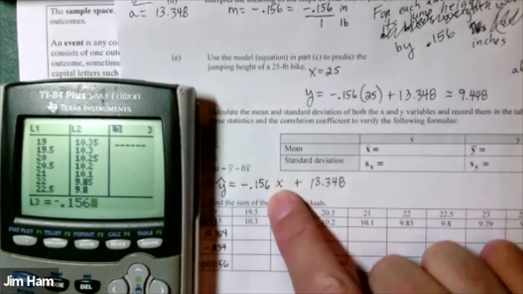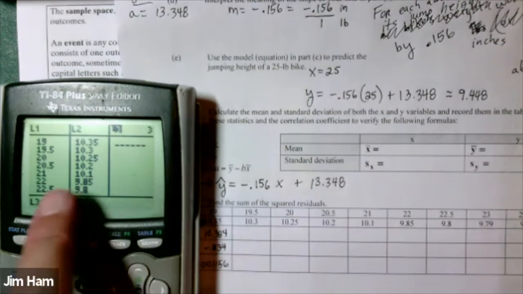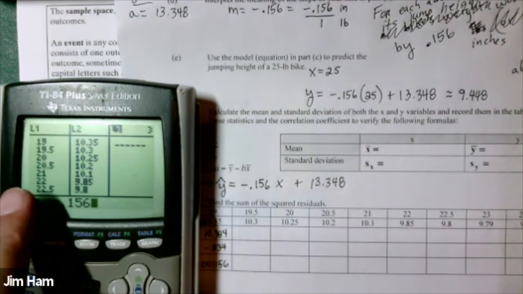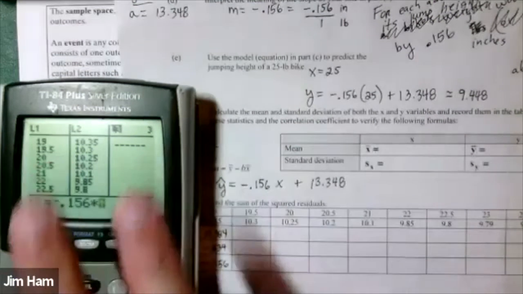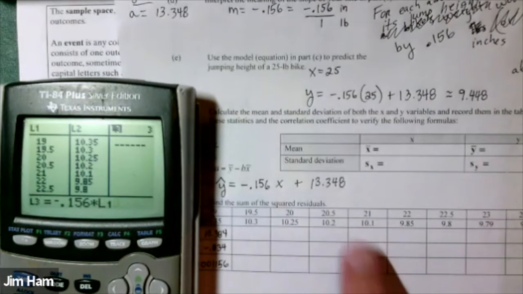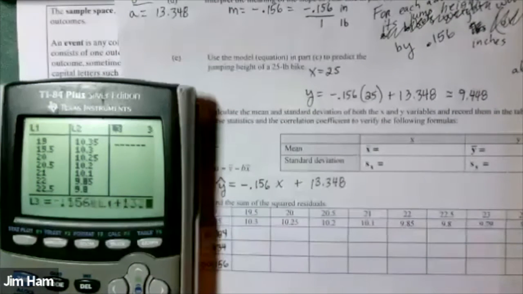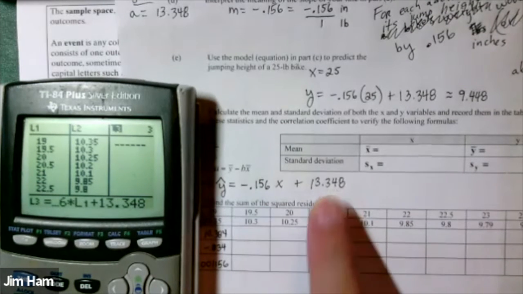Now the calculator doesn't understand X, but what we want to do for each one of these entries is grab the number from L1. So instead of saying times X, because your calculator will store a value of X and just grab that value, whatever it happens to be, we want to grab the numbers from L1 and then add 13.348 here.